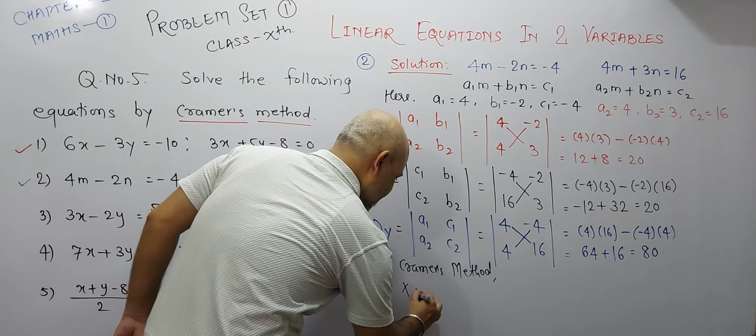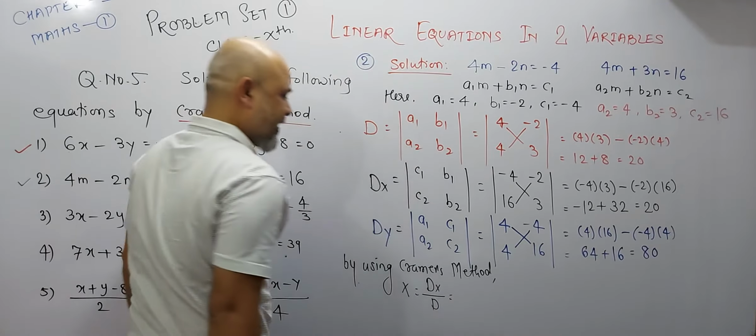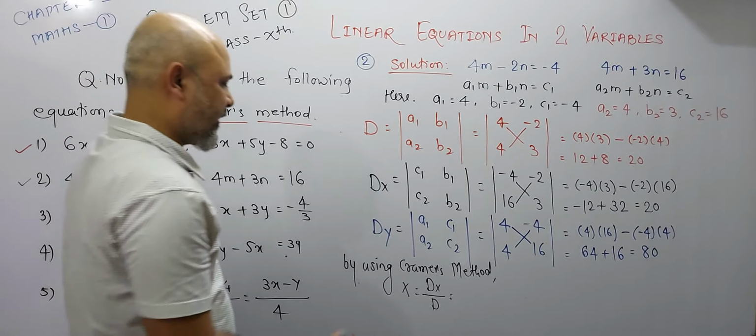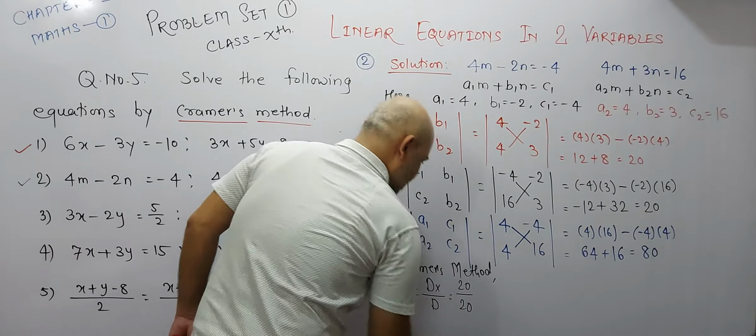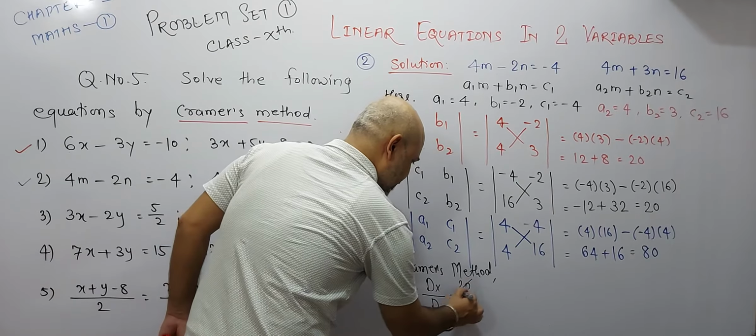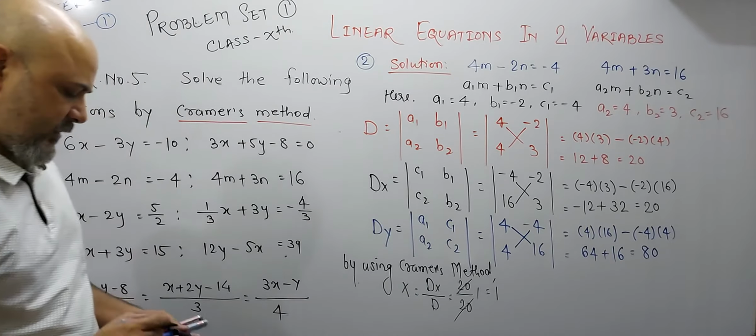So x is dx upon d. What is dx? Dx is 20. D is also 20. So you will cancel out 20 by 20, and you will get 1. So the value of x is 1.